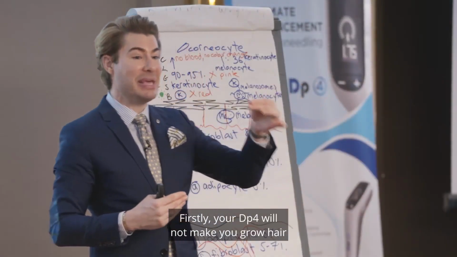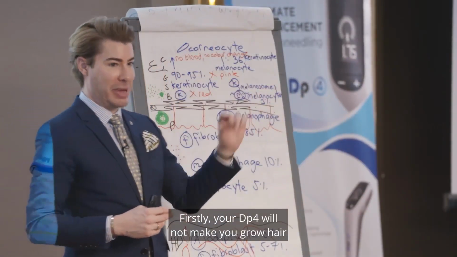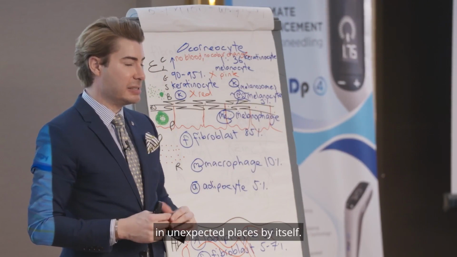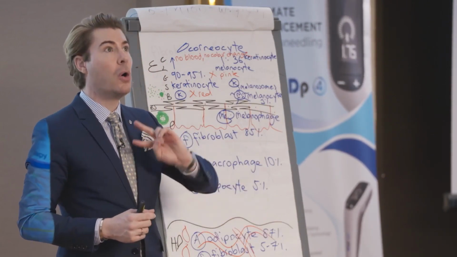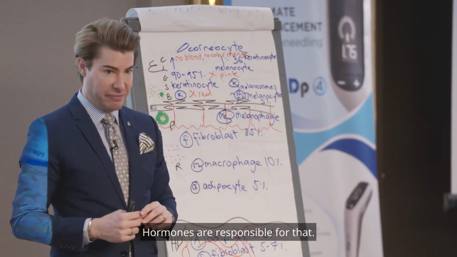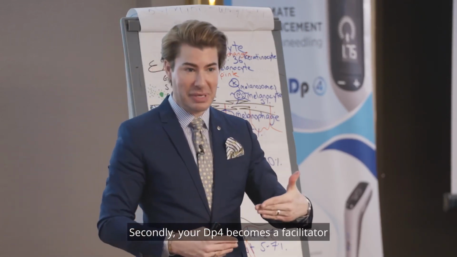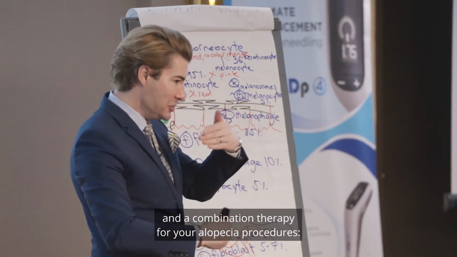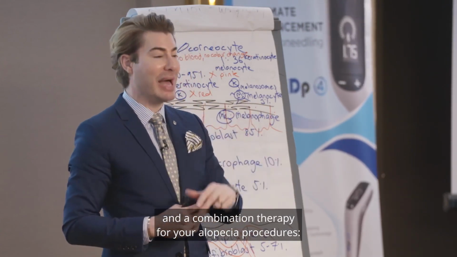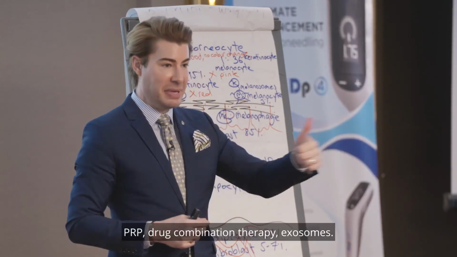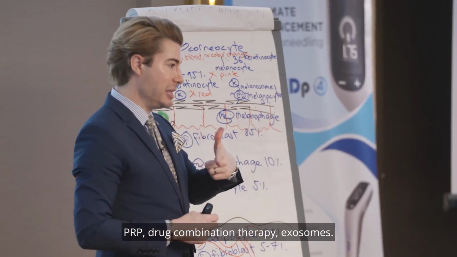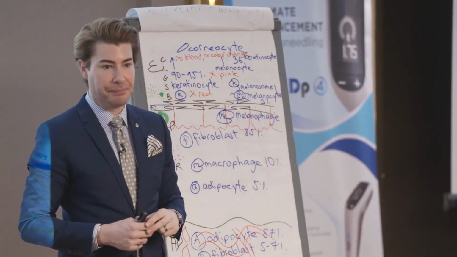Firstly, your Dp4 will not make you grow hair in unexpected places by itself. Hormones are responsible for that. Secondly, your Dp4 becomes a facilitator and a combination therapy for your alopecia procedures. PRP, drug combination therapy, exosomes.